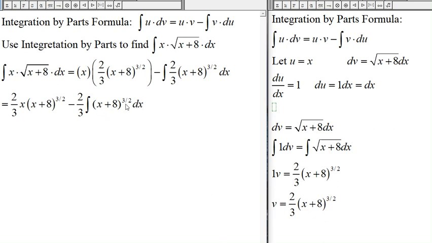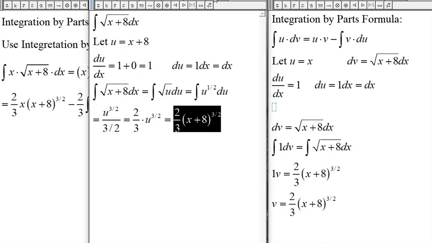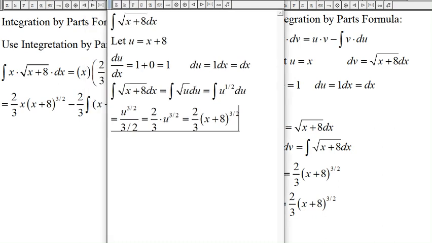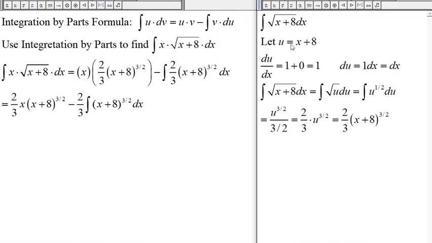Earlier we did something similar. Instead of x plus 8 to the 3/2, we did x plus 8 to the 1/2. So earlier we did this right here; instead of 1/2, this is 3/2.